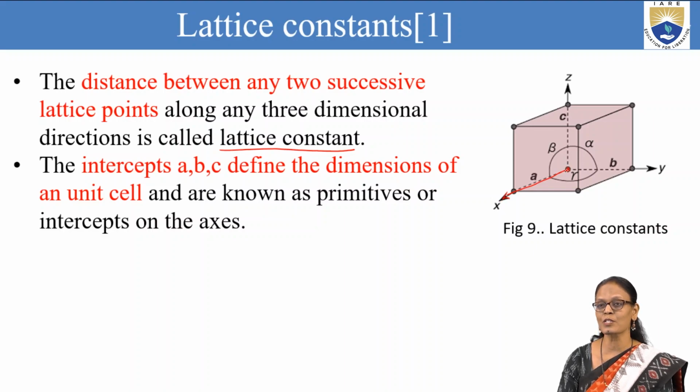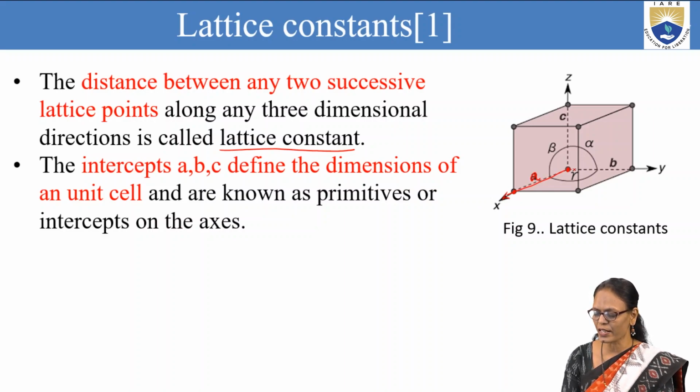This is one lattice point and this is the next nearest, or successive, lattice point. The distance between these two successive points, we are calling it A along the x-axis. So A is a lattice constant.